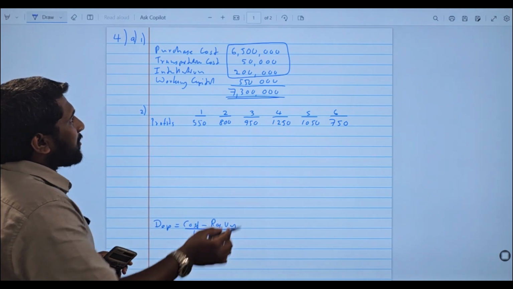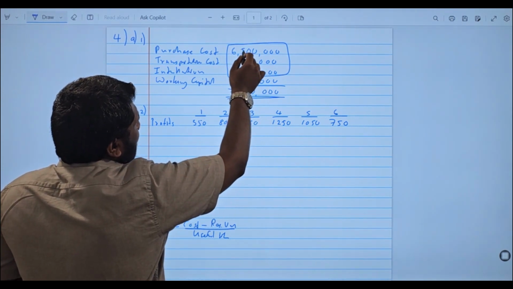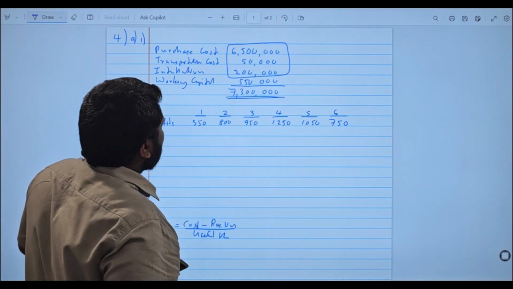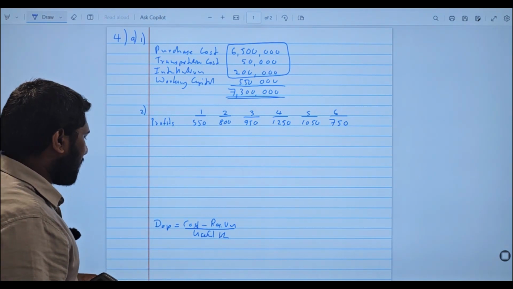So here the cost of the asset is going to be 6,550 plus 200, 6,750.